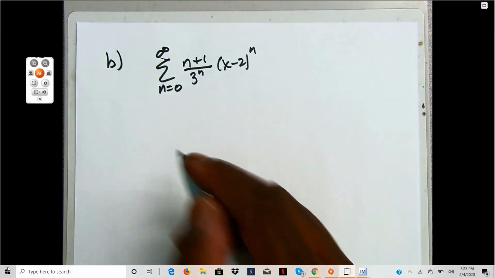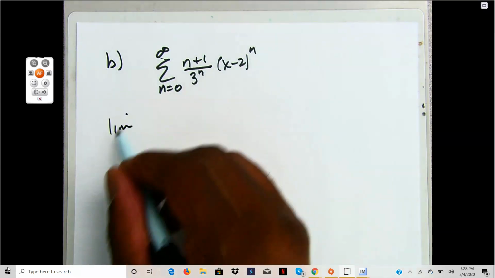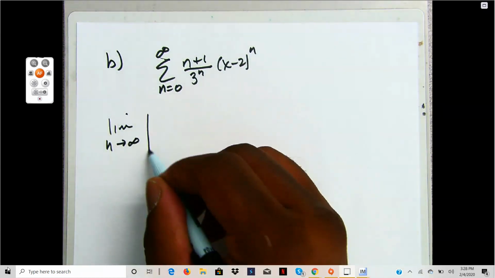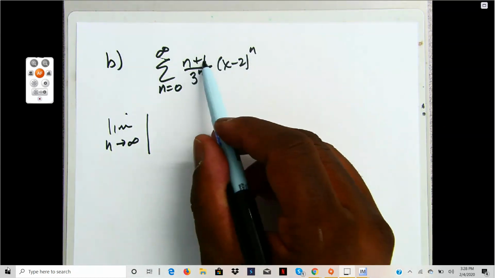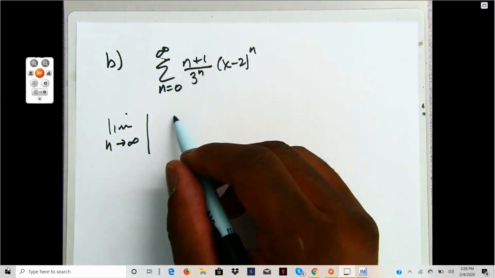All right, so let's take the limit as n goes to infinity, absolute value. So here we're going to get a sub n plus 1 over a sub n.